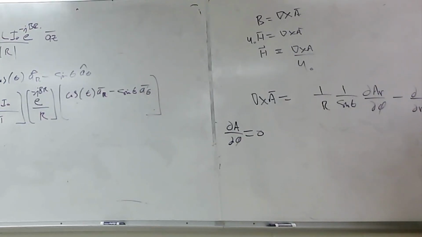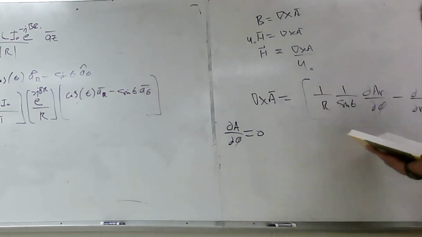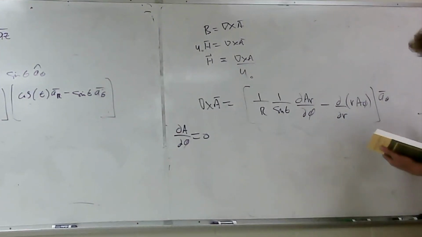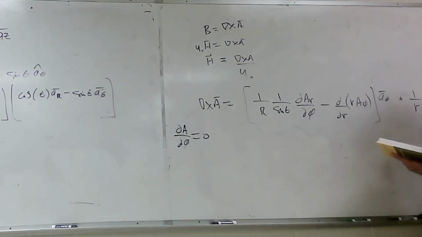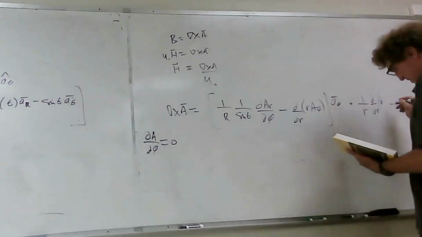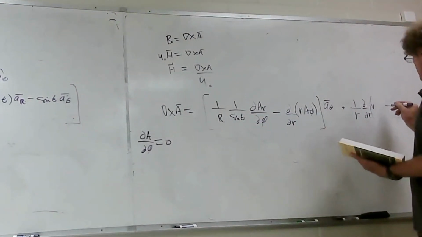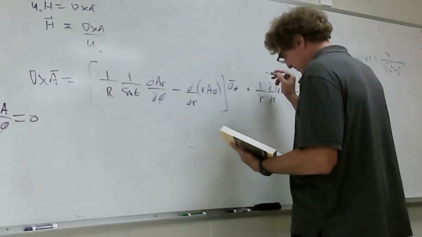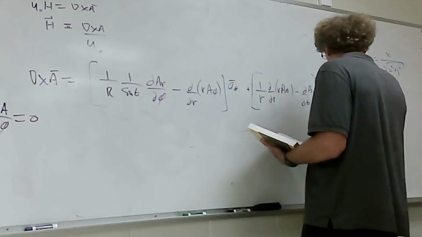And then finally, this is going to be in the a theta direction. This thing is going to go away. So this would be the theta component of the curl. And then you're going to get plus 1 over r, and it's going to be d/dr of r times A theta, minus d/d theta, pardon me, of Ar.